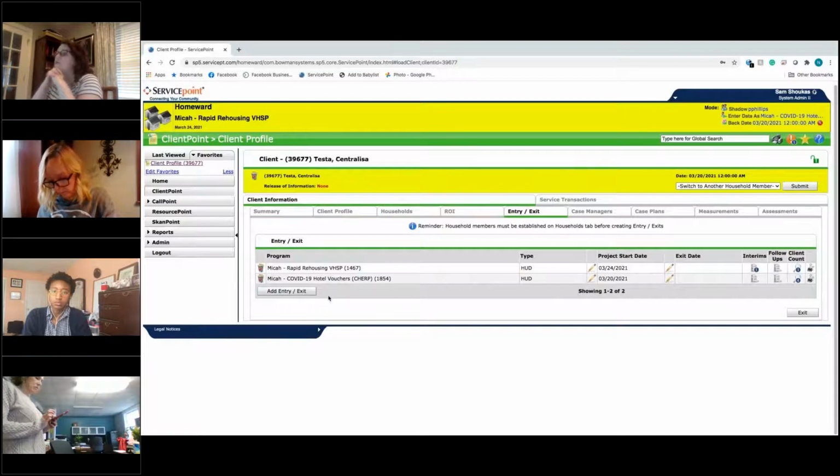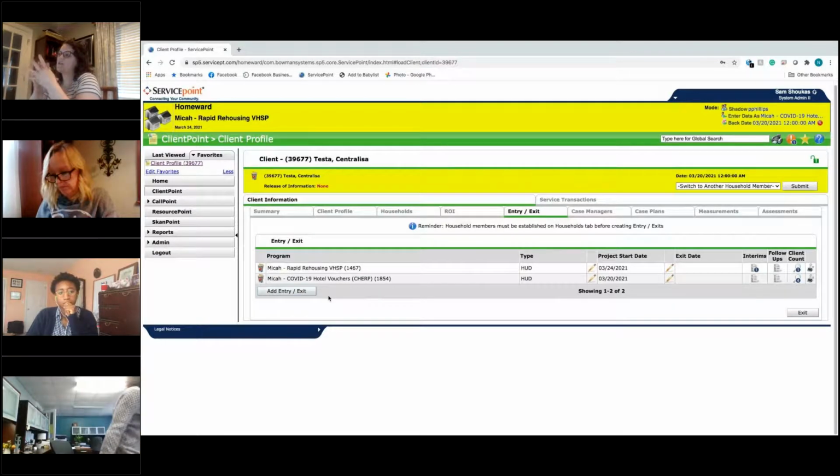And so we talked about shelter, that the start date for shelter is the first night that they sleep in your bed, but what's the first night that they're in your RAPID project? For RAPID or any other permanent housing project, it's really making sure that there are 3 things met: they're eligible for services, they've agreed to services, and you're able to serve them in a short period of time.